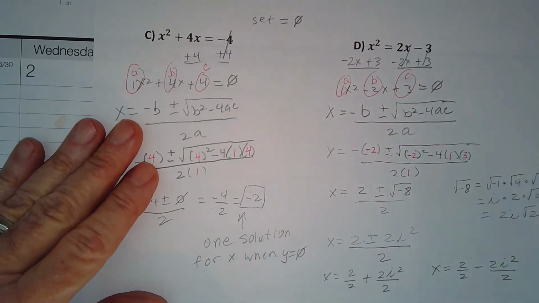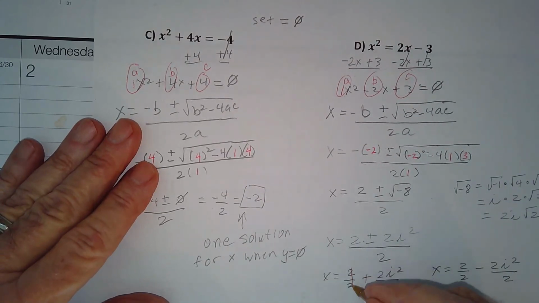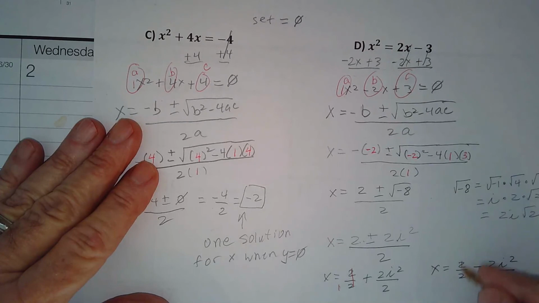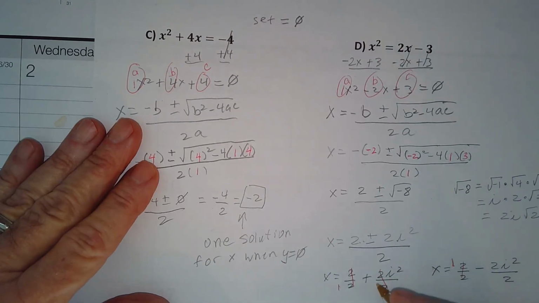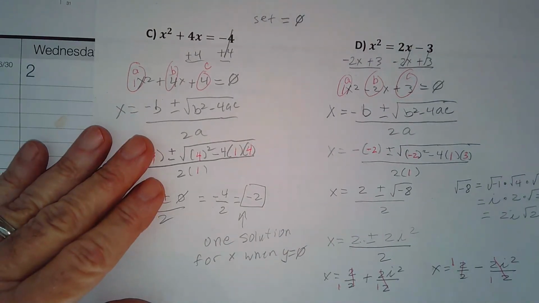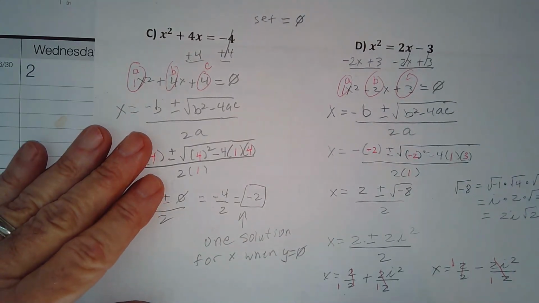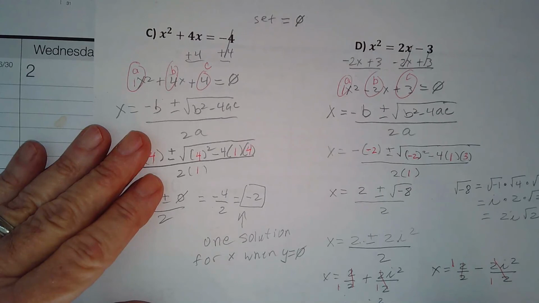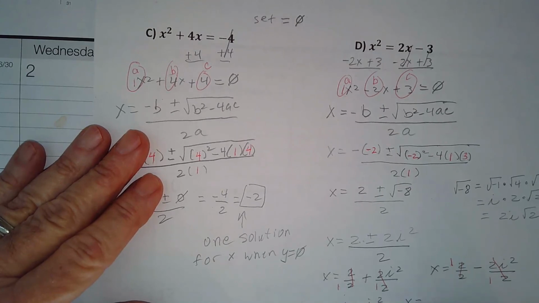Now you can easily see that each 2 divided by 2 is going to be 1.